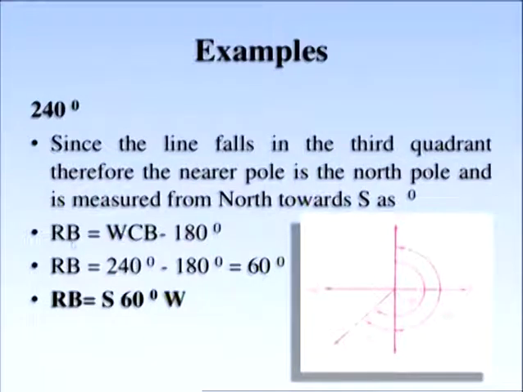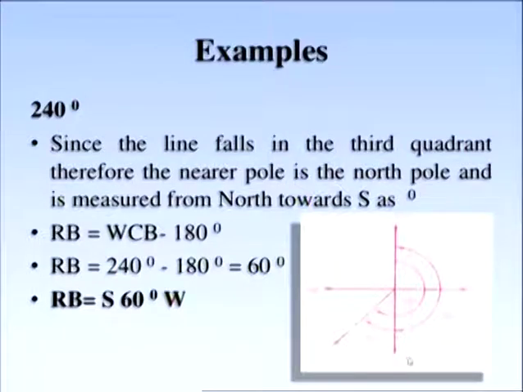Now to convert to the reduced bearing, because it falls in the third quadrant, and the equation you know very well, to find out the reduced bearing we put whole circle bearing minus 180 degrees. Our whole circle bearing is 240 degrees, so 240 minus 180 is 60. But in the reduced bearing we have to mention the direction also.